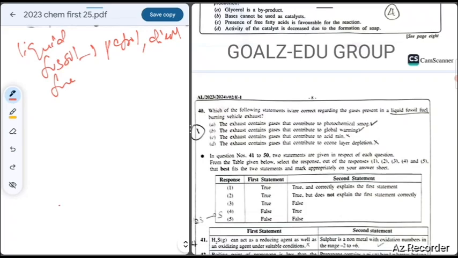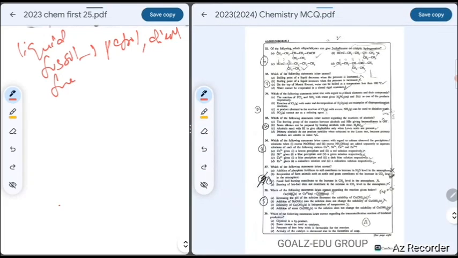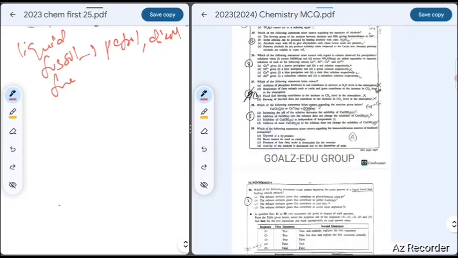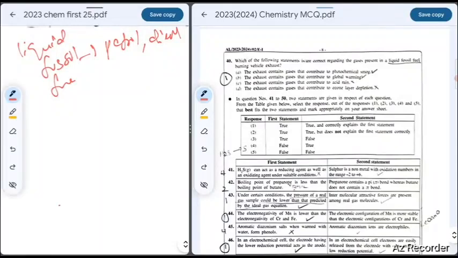The exhaust contains gases that contribute to photochemical smoke. Yes, because you all know that vehicle smoke contributes to the photochemical smoke, because in high traffic cities, with sunlight, we can see this photochemical smoke.